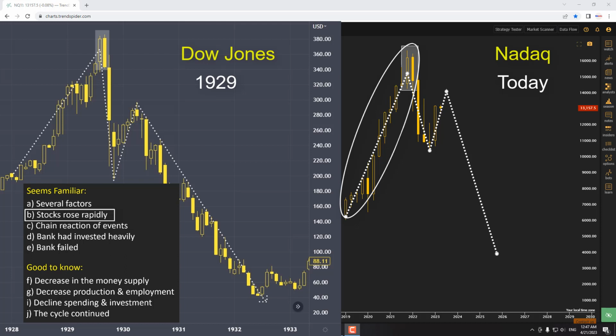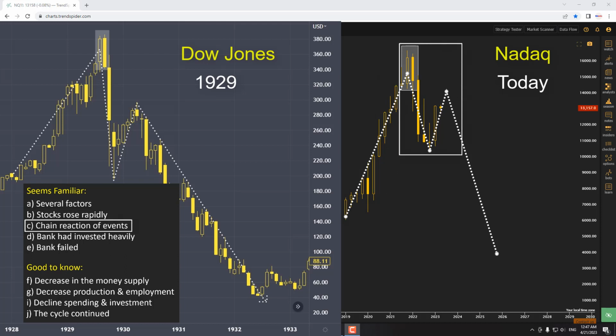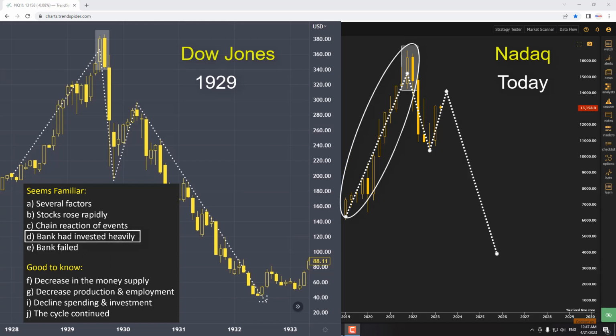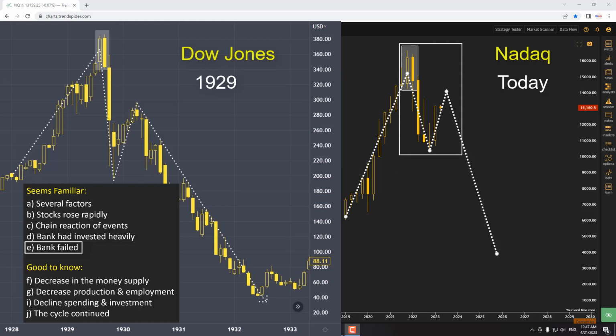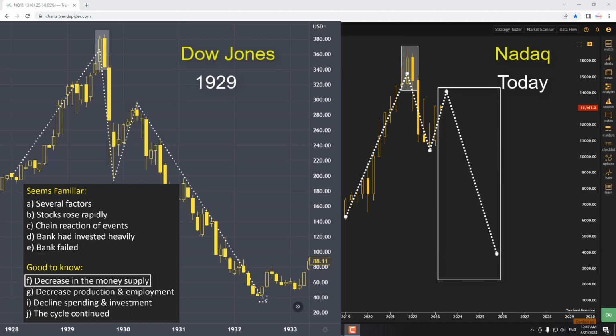The stock market crash led to a chain reaction of events that contributed to the Great Depression. Banks had invested heavily in the stock market and also made loans to individuals and businesses that were unable to repay them. As a result, many banks failed, leading to a loss of confidence in the banking system. The collapse of the banking system led to a decrease in the money supply, which caused a decline in spending and investment.